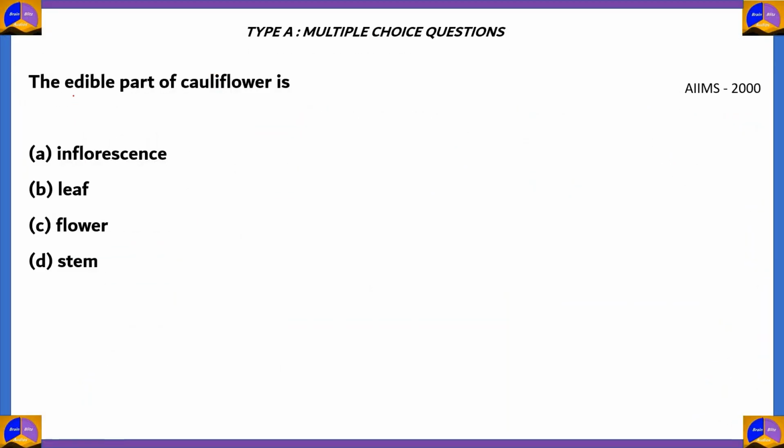Let's look at this question. The edible part of cauliflowers are A, inflorescence, B, leaves, C, flowers, D, stems. A cauliflower is derived from wild cabbage.